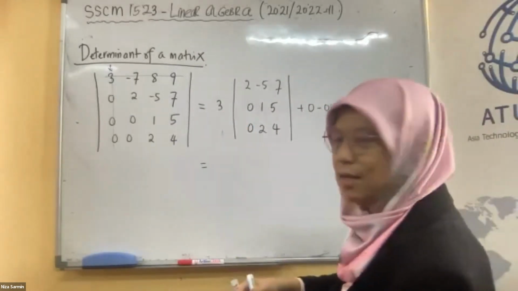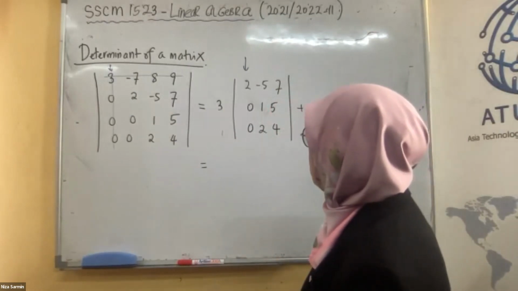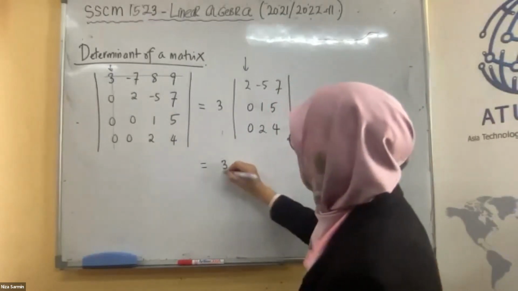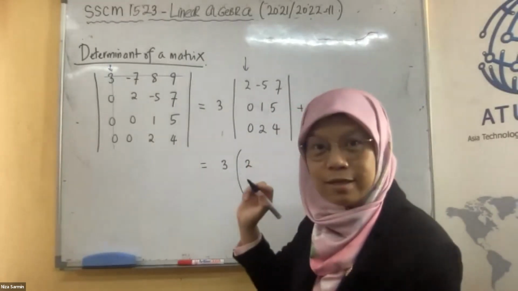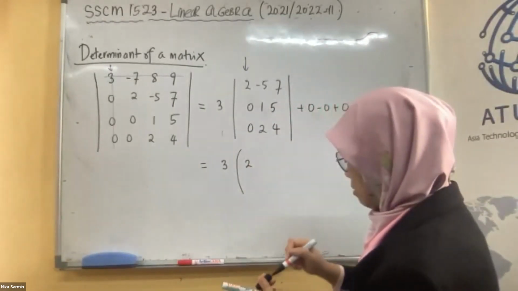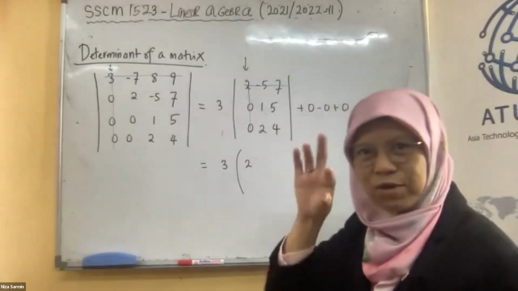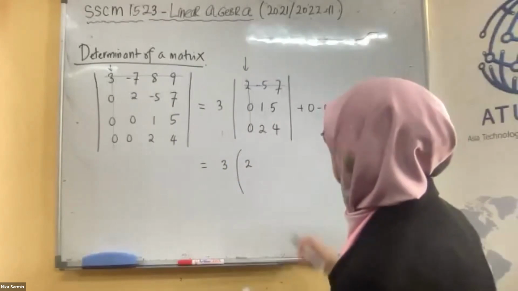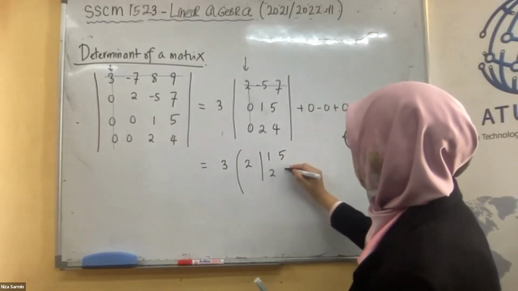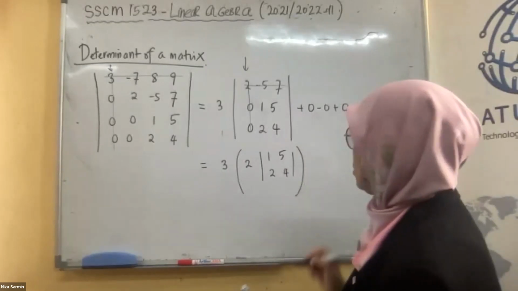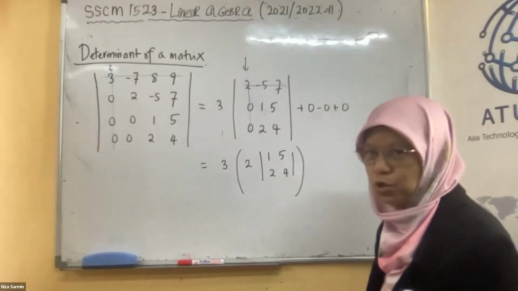So column 1. So I will put the 3 there. And then the 2, right? Whatever you see the 2, cross. What's left? 1, 5, 2, 4. Okay. Next, which one you want to choose? Which row or column?